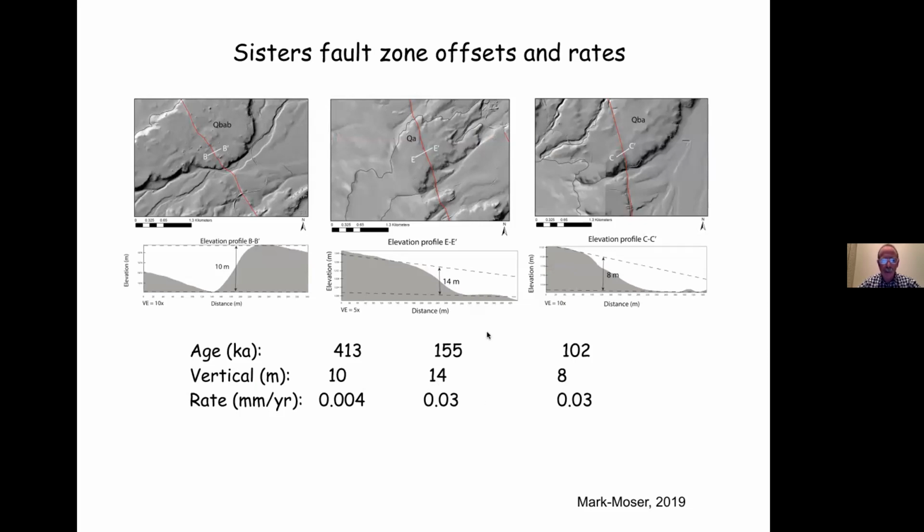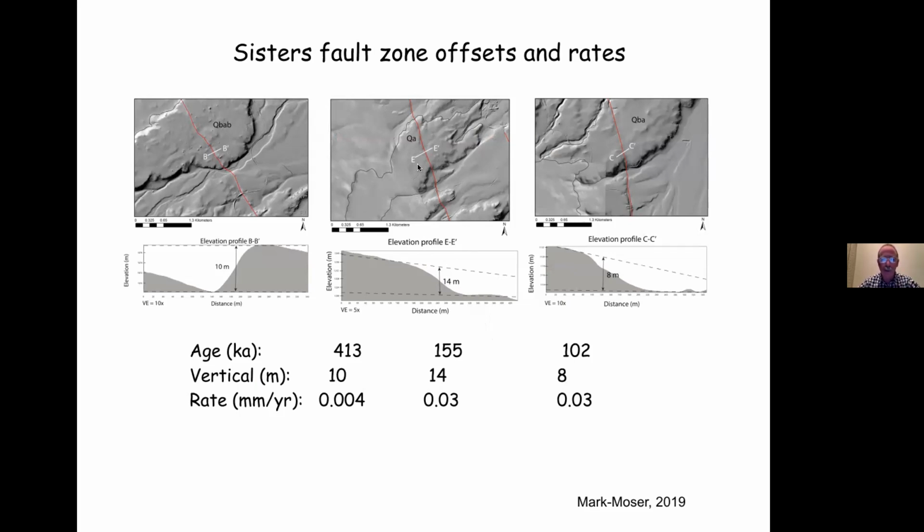In these images, I'm showing you older units, such as in the middle profile, a 155,000 year old lava flow, which is clearly marked in the LiDAR and has about 14 meters of relief on a profile directly across it. The interesting part about this fault zone is it's very difficult to find lateral offset.